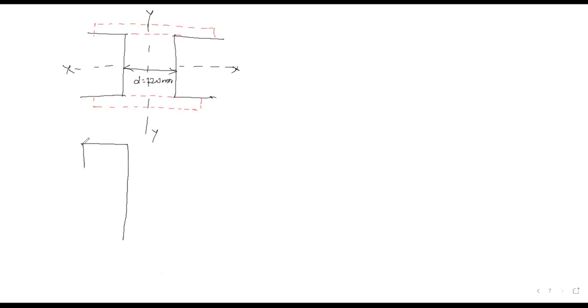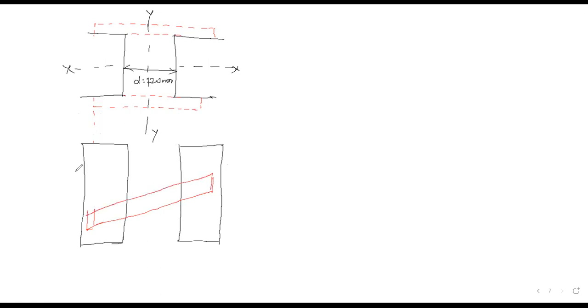This is our channel section, and similarly here also we have a channel section, and these two channel sections are connected by the lacing. This is called a single lacing system, which we are going to use now.